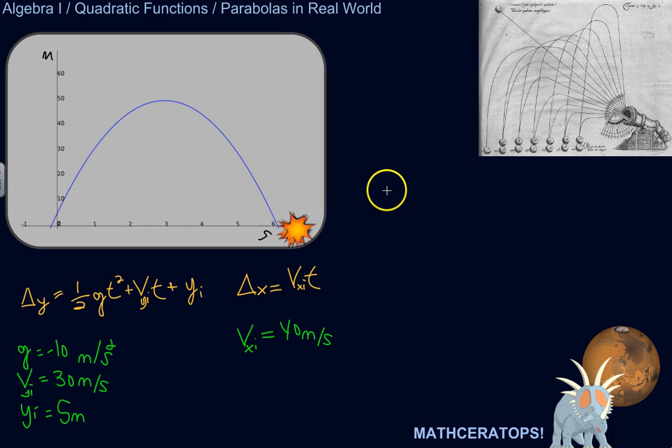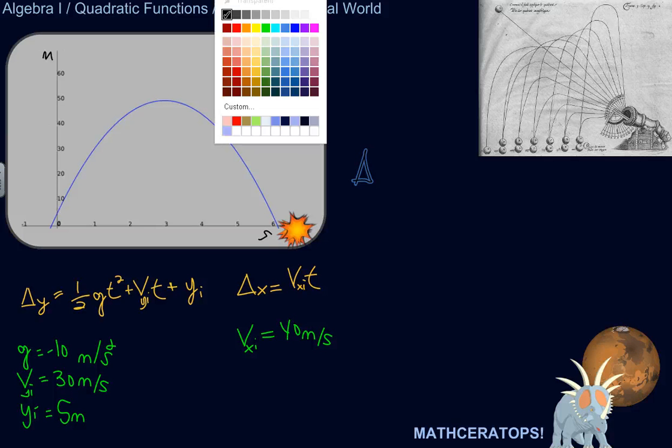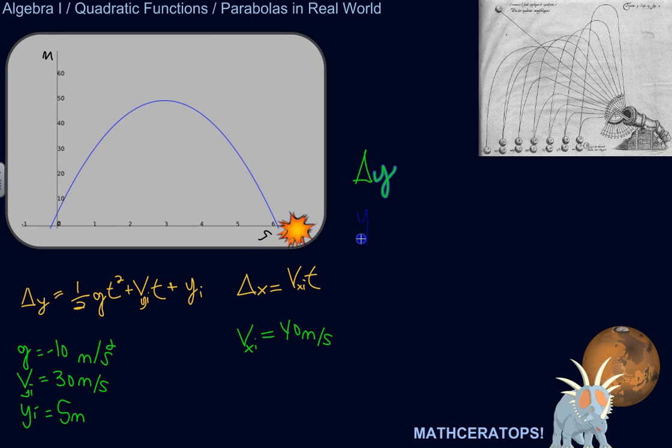So my displacement, delta y, I could just call that y for simplicity. Actually, let's call it h for height. Height equals 1/2 times g, which is negative 10 meters per second squared, times time squared.